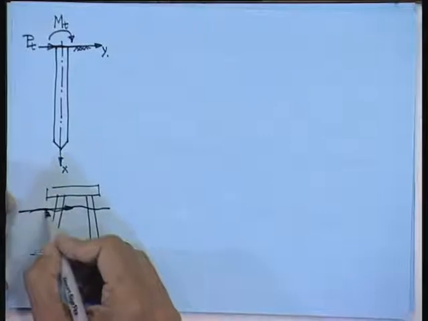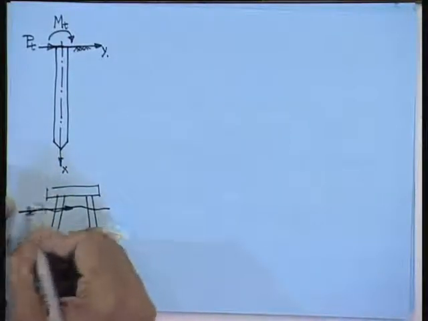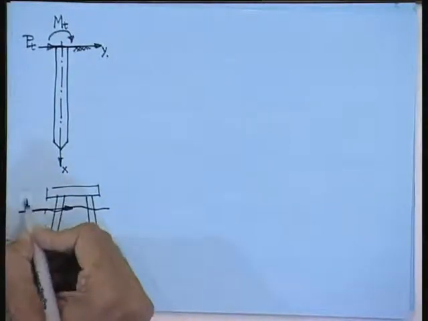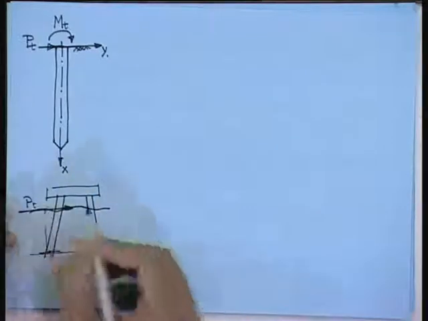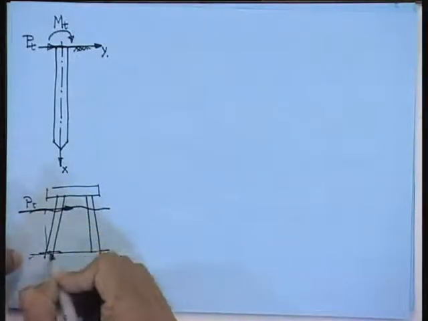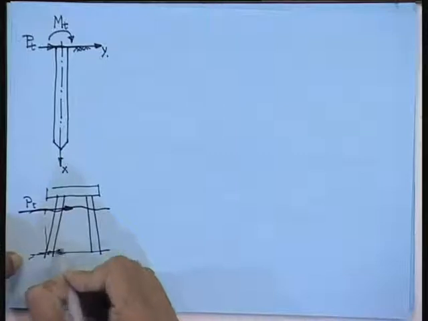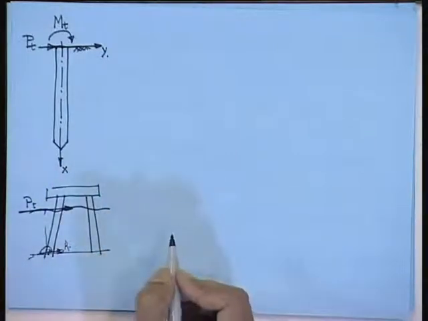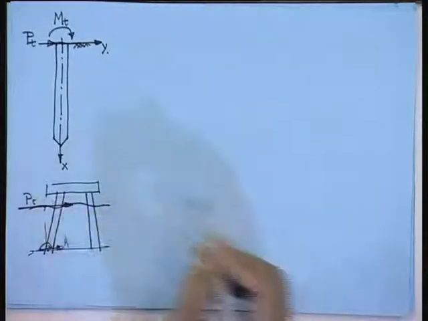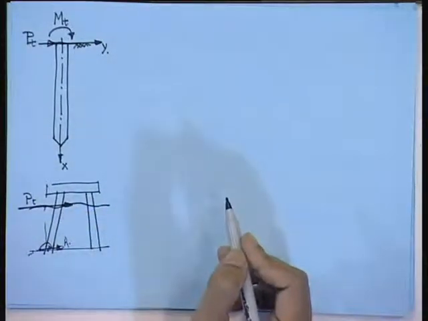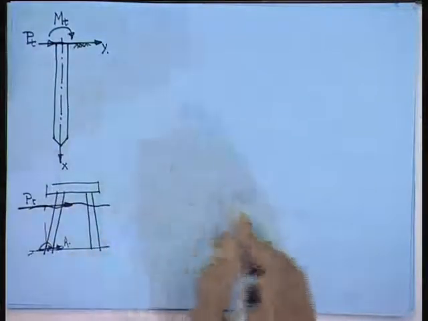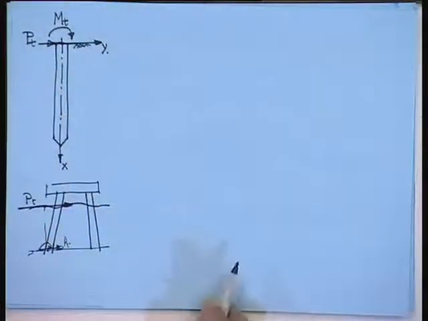If the force is acting at the waterline, say this is PT, you make an equal force. So, this will give you a moment like this and a force in this direction. You transfer this force at the pile head, you will get PT and MT.